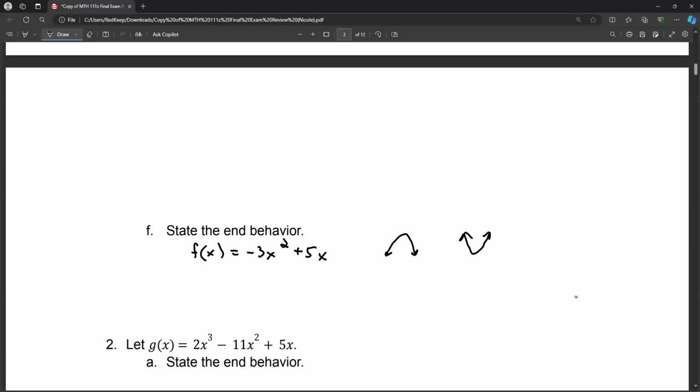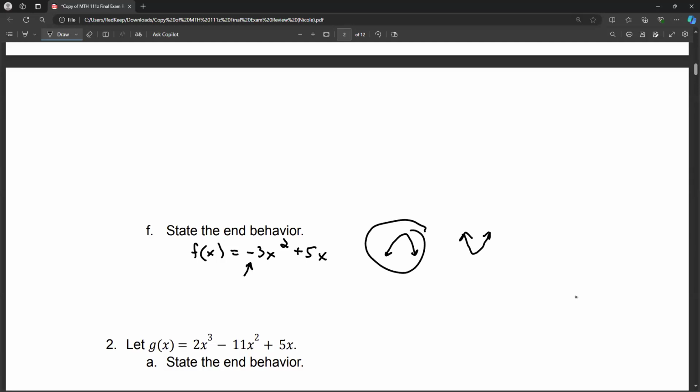We like to look to the sign of the leading coefficient to determine which one this is. And since we have a negative sign as the leading coefficient, this implies that we have concave down.